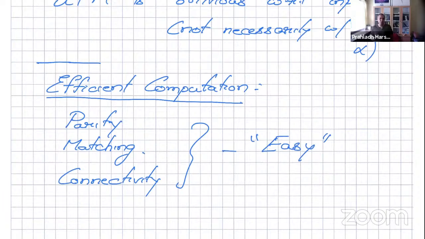And now I want to formally define what it means for this to be easy. These are arbitrary problems, so we'll have to define both what it means to be a problem and what easy means. We're going to give a formal definition in the next 10-15 minutes or so. Okay. Any questions?